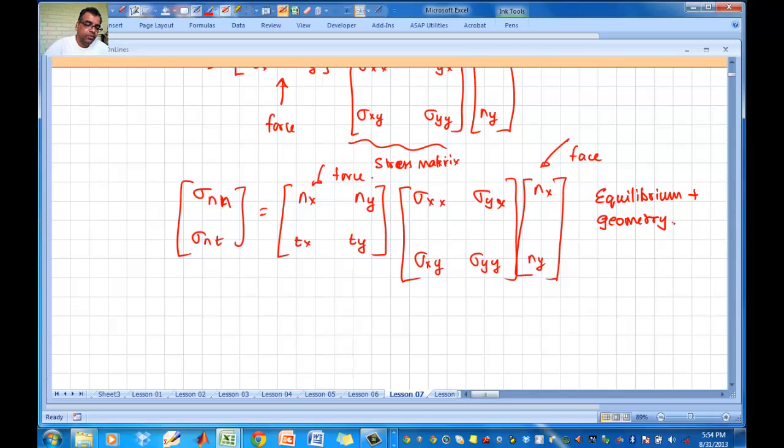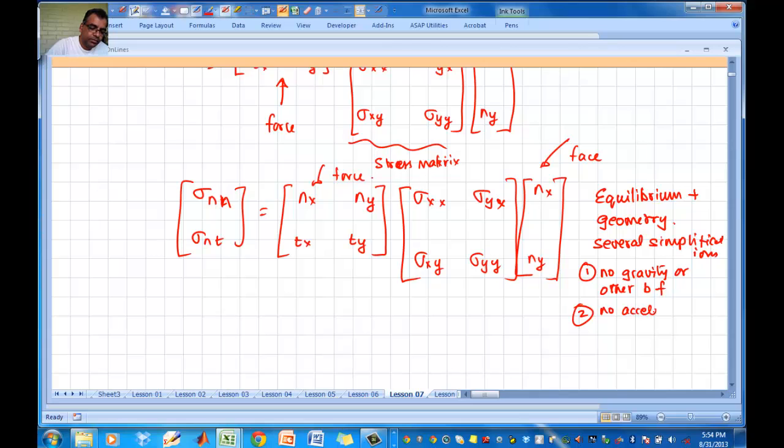The point is, we made several simplifications. One, no gravity or other body force. Second, no acceleration in our proof. But it turns out, by taking limits, Cauchy is smarter than this.